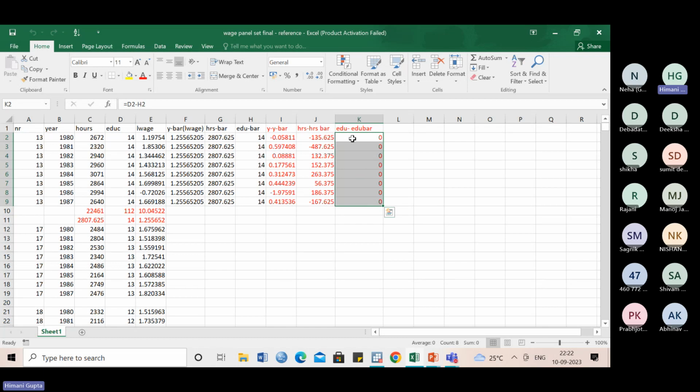Over here, we remove education because it is time invariant. So this is one of the ways. You can do it manually, but obviously we cannot do it manually, so that's why models are there for the fixed effect.